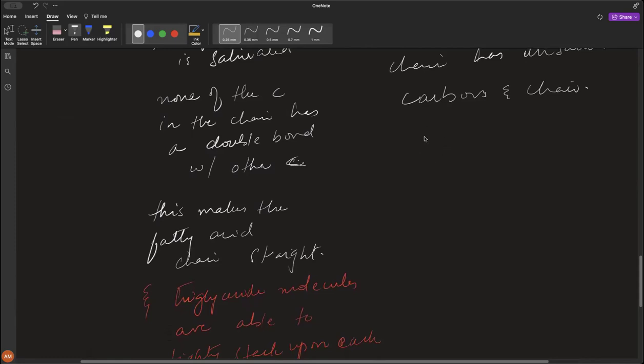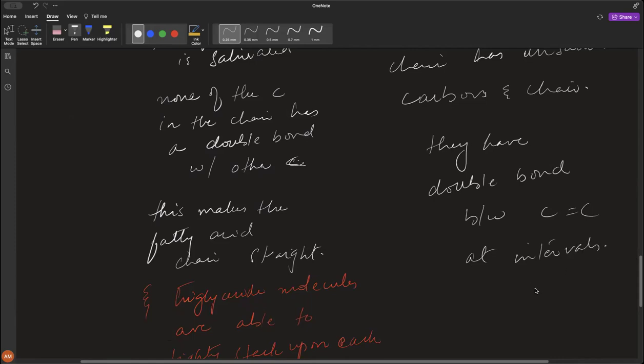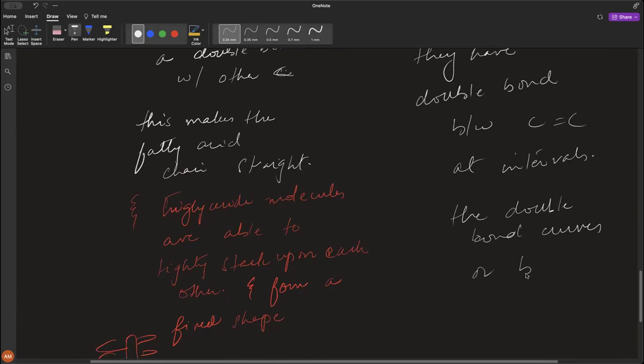Like what? Which means that they have a double bond between carbon and carbon at intervals, or maybe once. So what happens is that the double bond curves, or you can say bends, the chain.